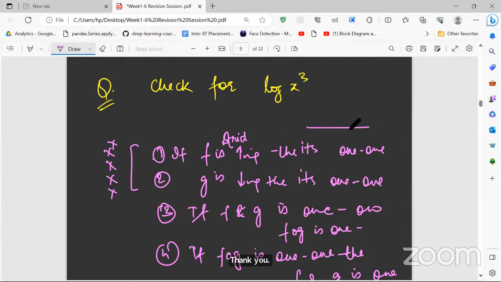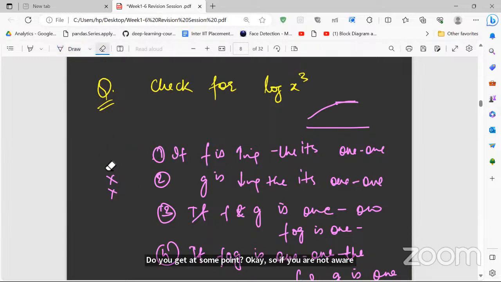Increasing means it can be like x cube, you can have a flat point somewhere. If you are not aware of this, leave it for now. Strictly increasing is a different thing: not even at two points are the values the same.